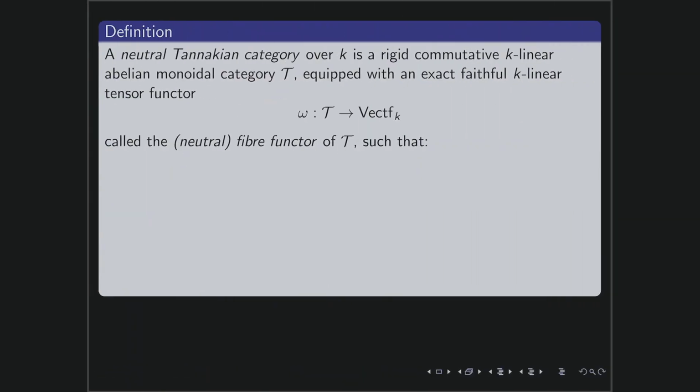Exactly. And now we can start with a Tannakian category. Now we have a kind of difficult definition because I want that a neutral Tannakian category is a rigid commutative k-linear abelian monoidal category.